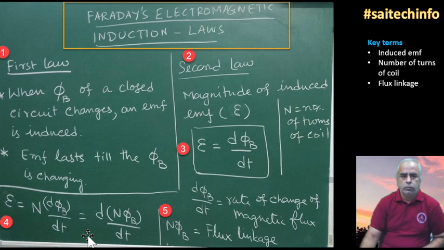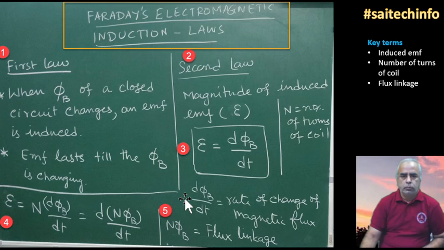That is equal to, so this N can be brought into the differentiation because that is also variable if we take like that. So d of N phi b divided by dt, right? And this d phi b divided by dt is nothing but the rate of change of magnetic flux. That is, any change taking place with respect to time can be called the rate of change. So in this case, what is changing? Magnetic flux is changing.